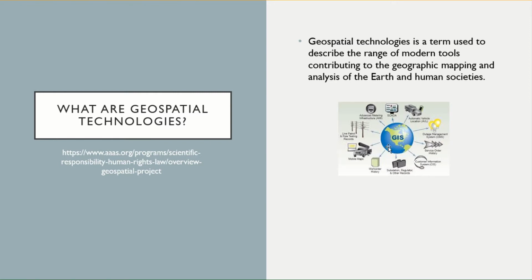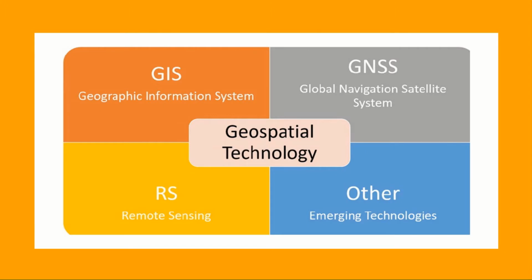So it's shaping, it's mapping, and that is called geographic mapping. Another thing: these are the geospatial technologies, GIS, global navigation satellites like GPS, remote sensing, and other emerging technologies you will find in the future.